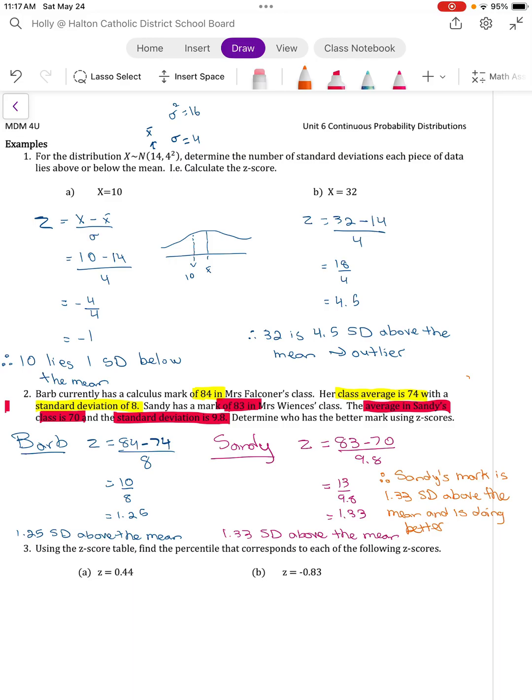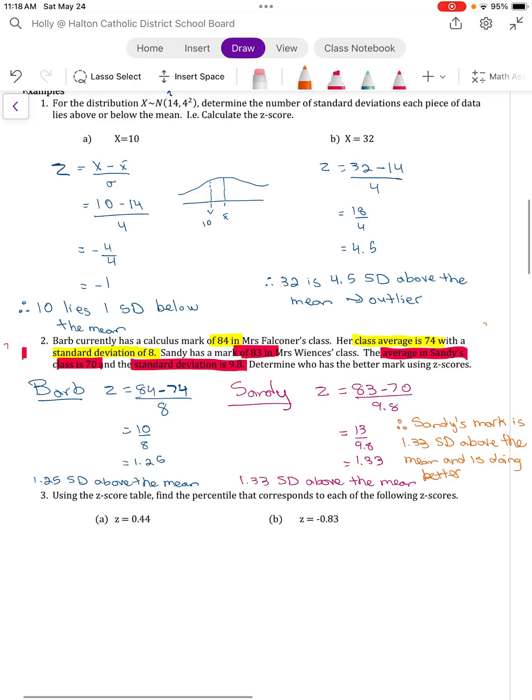So while it looks like Barb has an 84 and Sandy has an 83, in comparison to the class and the other data points and the standard deviations with that curve in each class, that gives you a standardized comparison. So just because somebody has an 84 in one class and someone has an 82 in the other class, and you're saying, well, hey, miss, that person has a better mark, why are they doing better in that class?